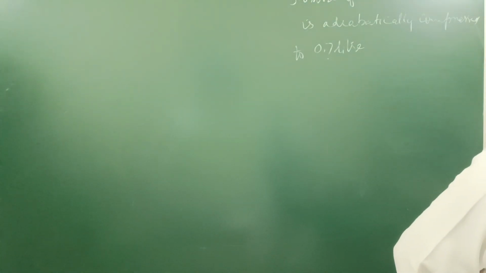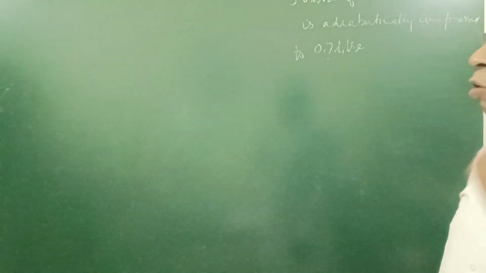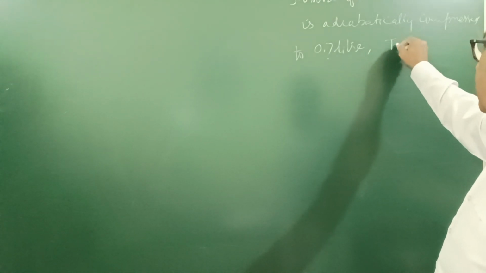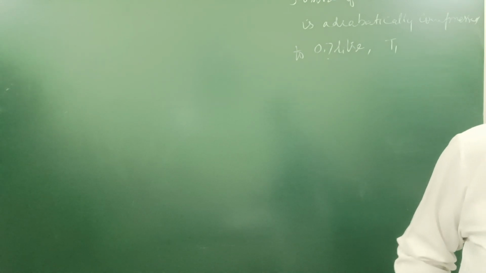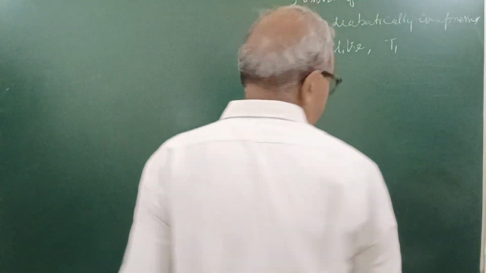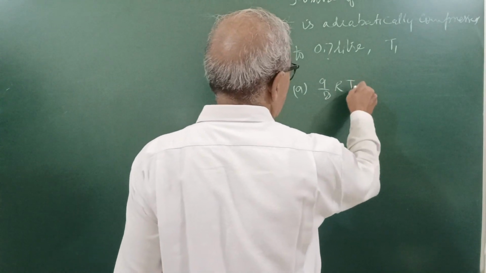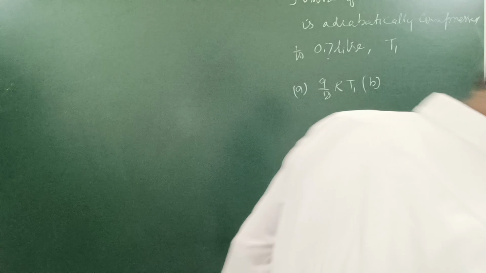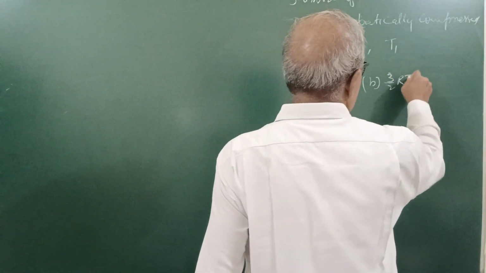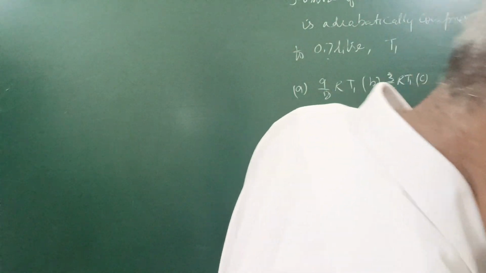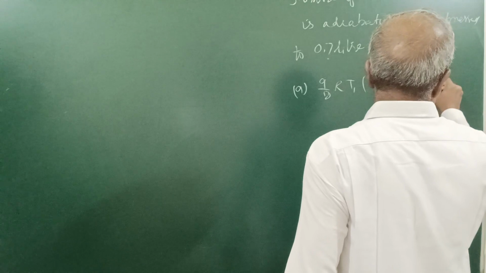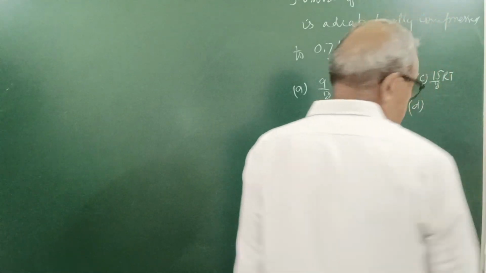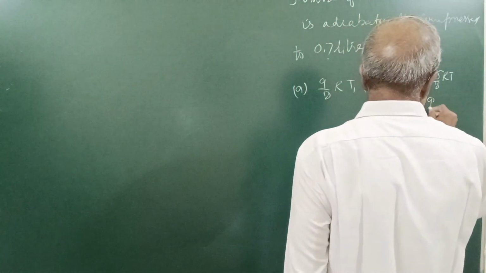Taking the initial temperature T1, the work done in this process is, with options: A, 9/8 RT1; B, 3/2 RT1; C, 15/8 RT1; and D, 9/2 RT1.